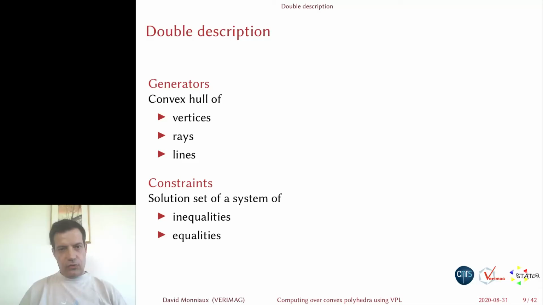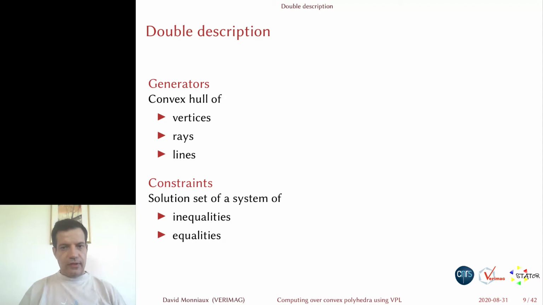So what is a traditional approach for computing on convex polyhedra? Most libraries for computing on convex polyhedra, for instance the Parametric Polyhedra Library, the Apron Library, Fukuda's libraries also, use the double description approach. Double description means that for each polyhedron, you keep a description using generators.